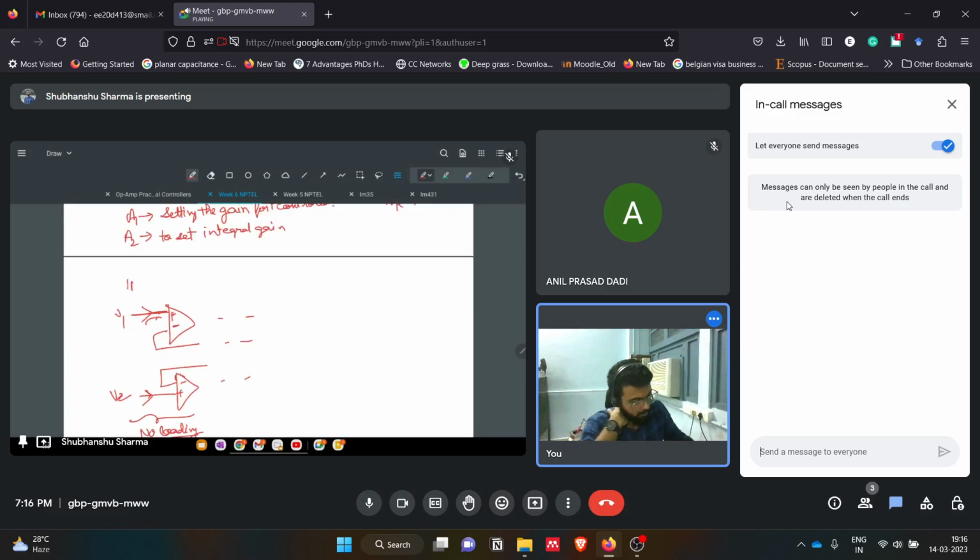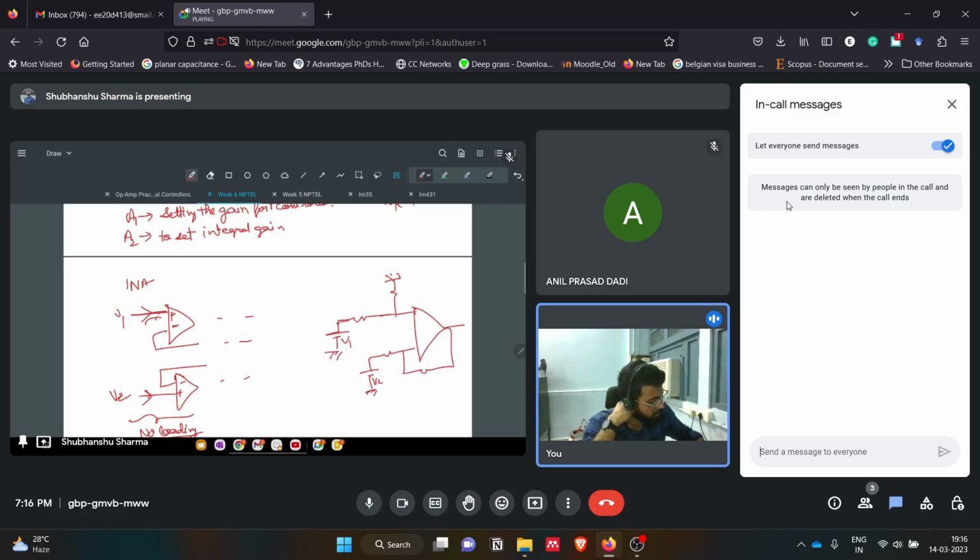But in the differential amplifier, when we were using it as the error detector, we were giving V1 here and V2 from here. There was some feedback like this, and since current flows, it will go somewhere here.